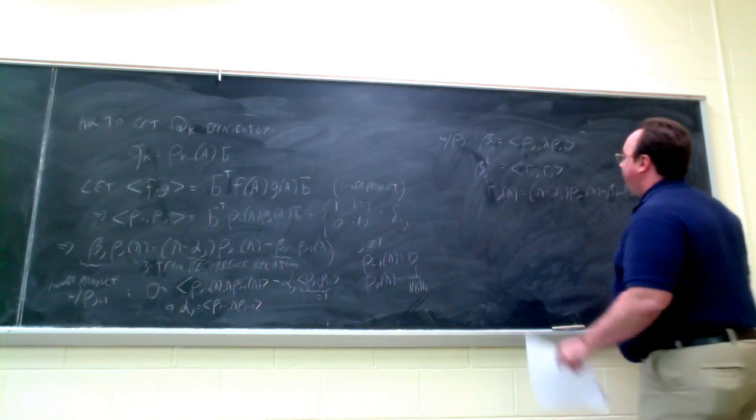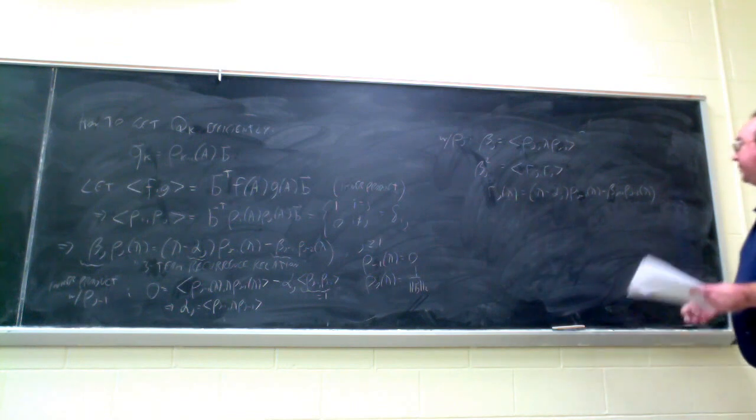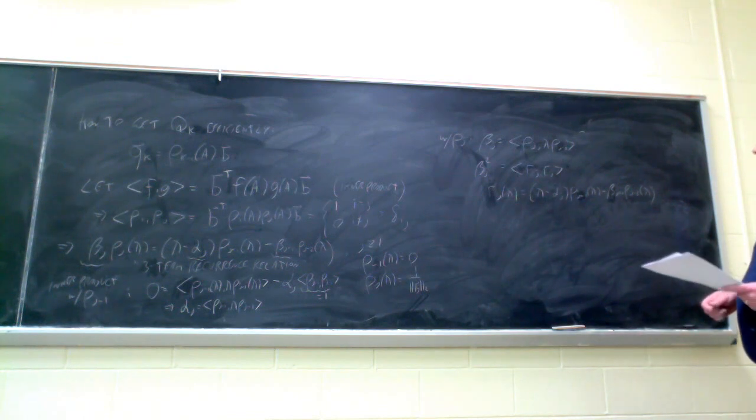So you think of the rj's as polynomials that are orthogonal but not orthonormal. They're not normalized. Once you normalize them, then you get the p's. Okay.